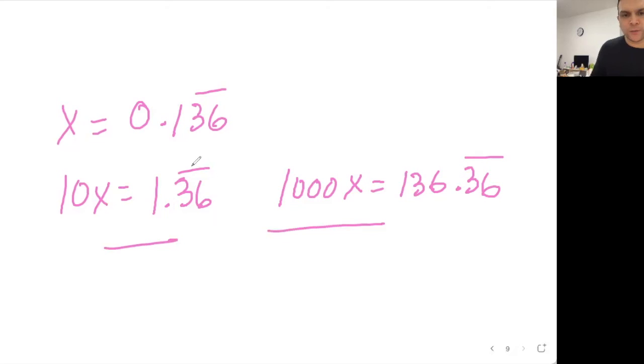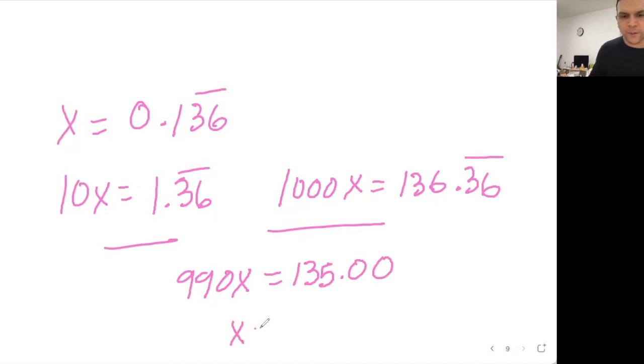Now I'm going to combine these two. I'm going to subtract this from this. So 1,000x minus 10x is 990x. And then 136.36 minus 1.36, the repeating part cancels out, and 136 minus 1 is 135.